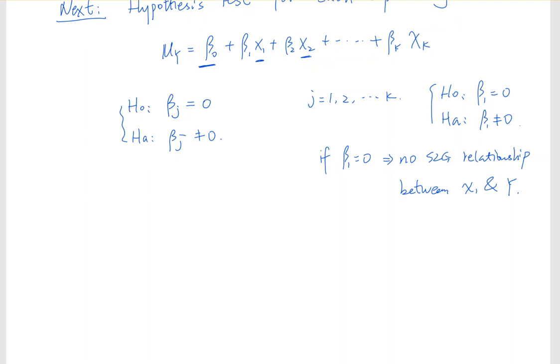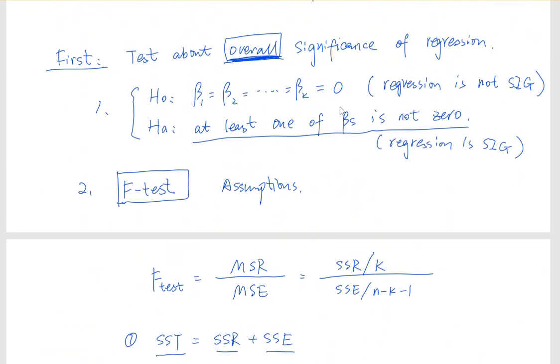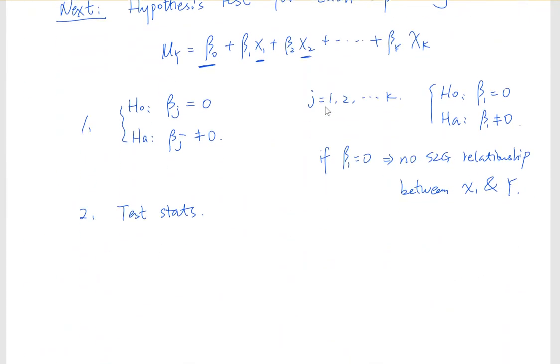And since the assumptions are the same, for the second step you don't need to check the assumptions again, right? You can just calculate the test statistic, since we are not testing all of them; we just test each coefficient. That will be exactly the same as when you test the slope in simple regression.